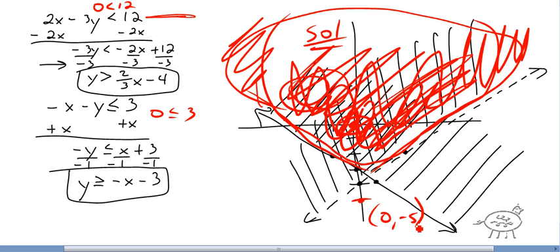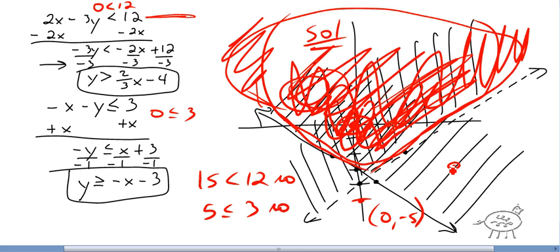Negative 3 times negative 5 is 15. Is 15 less than 12? Nope. It better not be, because we didn't shade that area. Same thing with the other equation. If I put a 0 in for x, I get negative of a negative 5 is positive 5. Is 5 less than or equal to 3? Well, of course it's not. So it's no for both of these. That's why that area is false.